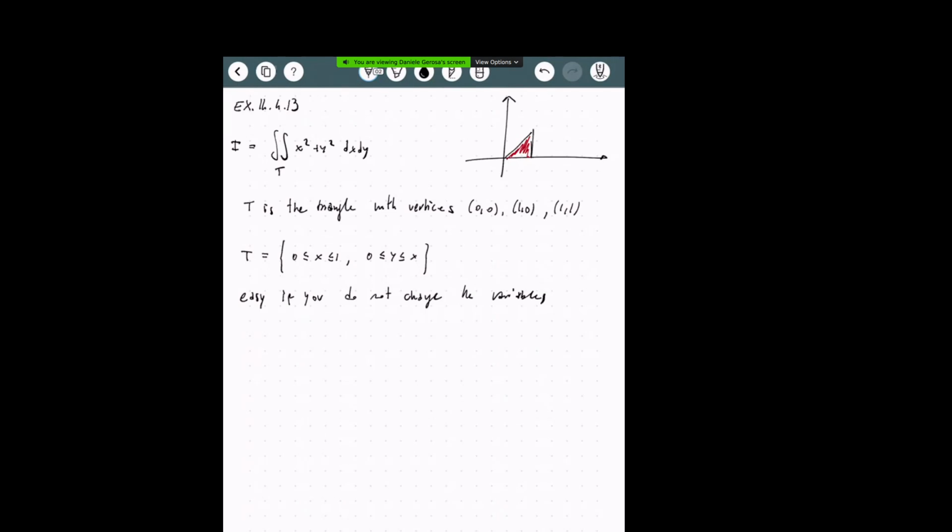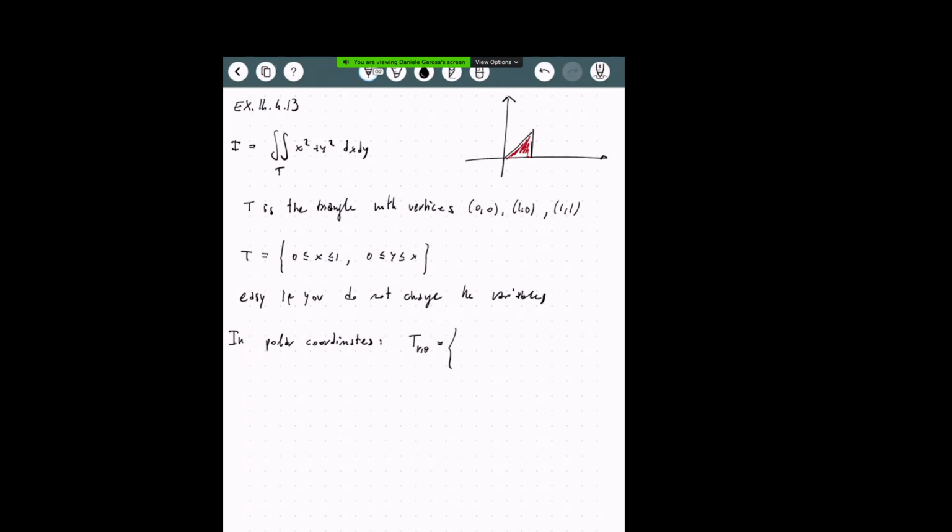Okay, so if we use polar coordinates, what is T? T is equal to T of r, theta.